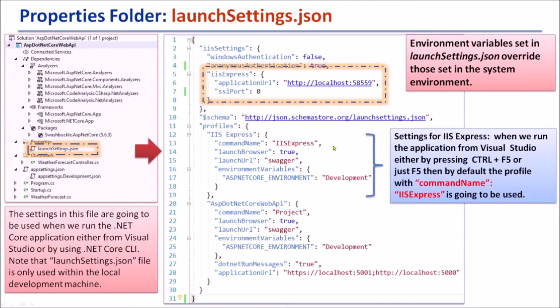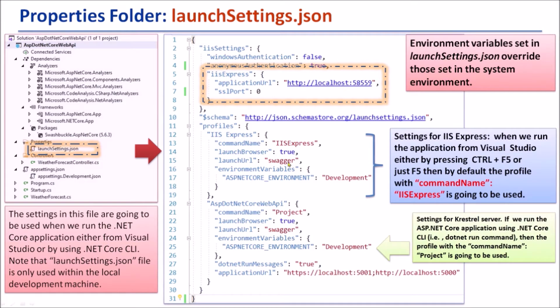However, by default, the Swagger package is installed. Therefore, the settings inside this profile object will be used. Note that in the settings, we don't have application URL. We only have launch URL. Namely, in the settings, the application will be launched within the Swagger UI.